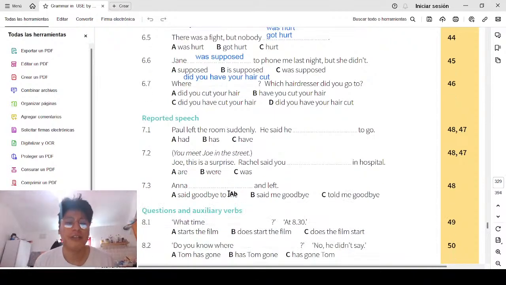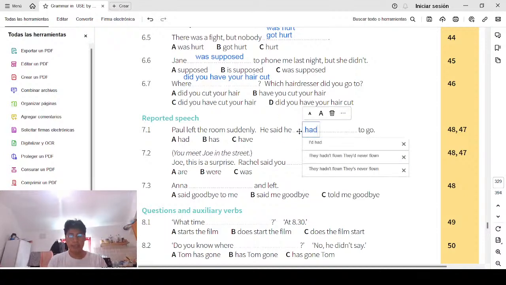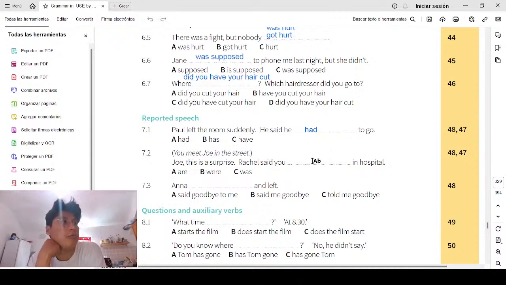Paul left the room suddenly. He said he had to go, has to go, or have to go. Okay, that's interesting. In that example it's had. Because when we're talking about reporting speech, when someone says something, basically that message was in the past, right?